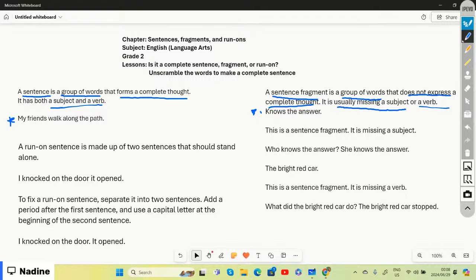Once again, a sentence fragment does not express a complete thought because it is either missing a subject or missing a verb.